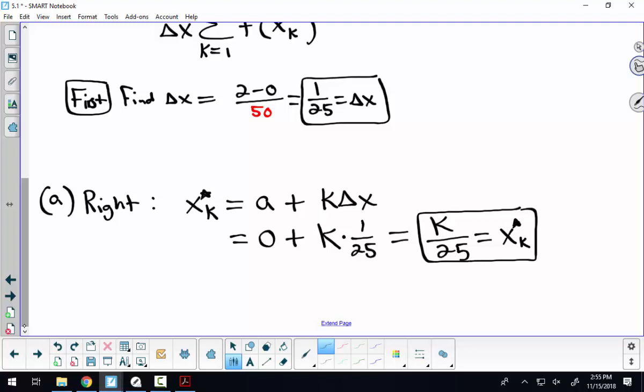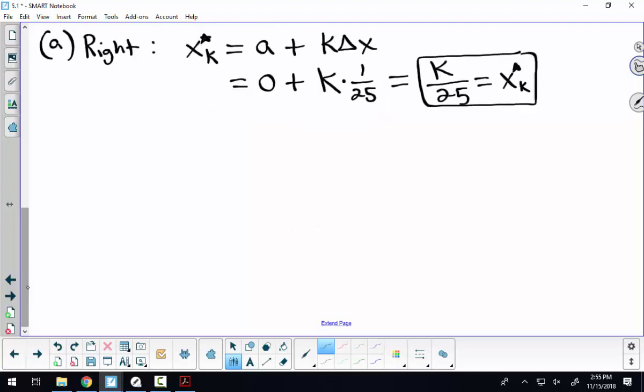All right. Now these two pieces of information go into the definition. What do we need to do with the x star sub k according to the definition? Put it into the function. So I guess that's step 1.